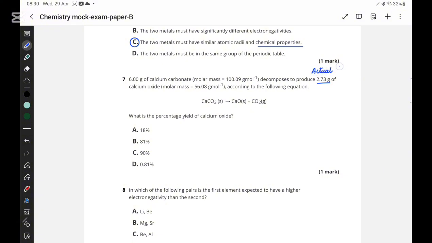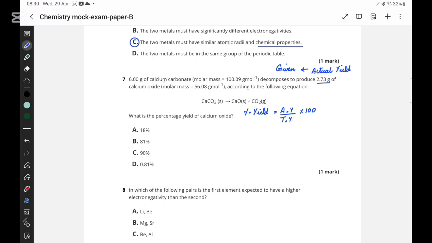So the actual yield is the one that is always given in the question. The formula to find the percentage yield is basically actual yield divided by theoretical yield times 100. Theoretical yield you are always going to find from the equation.